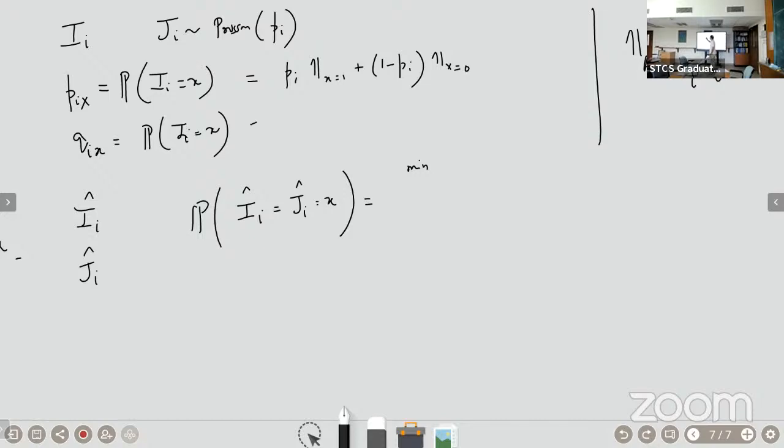This is the pi. So how much is it? It is e to the minus pi x. Okay, so I want the mean of the two. Depending on the value of x, you get different numbers.